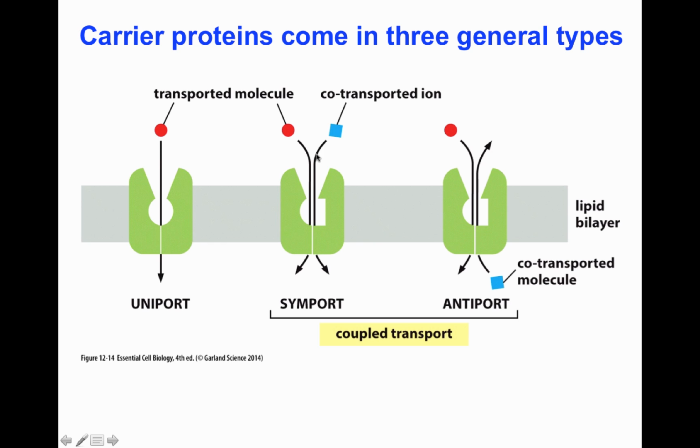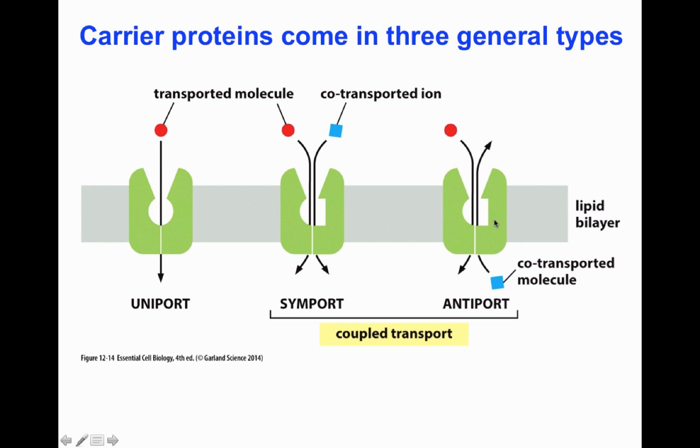for example. If the transported molecule and the co-transported molecule are going in the same direction, we call that coupled transporter a symport, for simultaneous transport, so symport. However, if one molecule is going inside the cell and the other one is exiting the cell, so the molecules are going in different directions, we call that transporter an antiport.